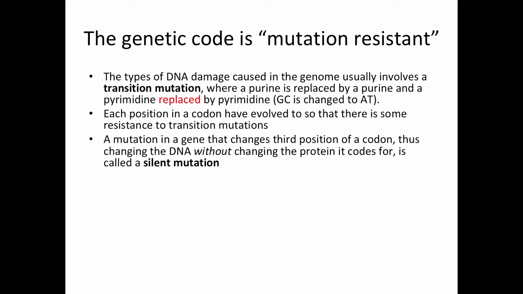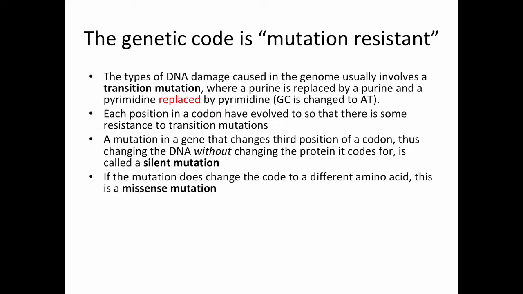A silent mutation is a mutation in which there's a change at that third position of a codon, and that would cause a change in the DNA sequence, but it does not change the sequence of the protein that it would code for, because you would still end up getting the same amino acid at that codon position, without changing the amino acid sequence.